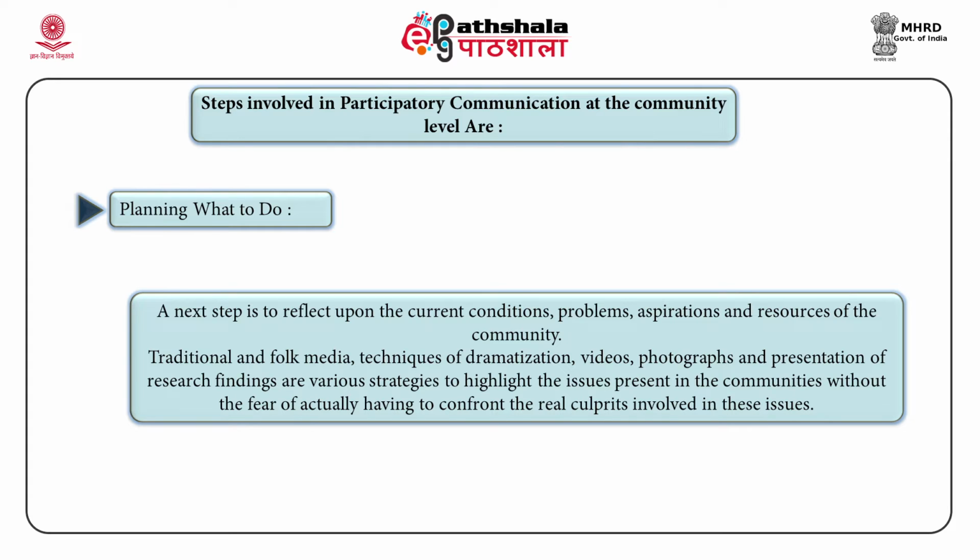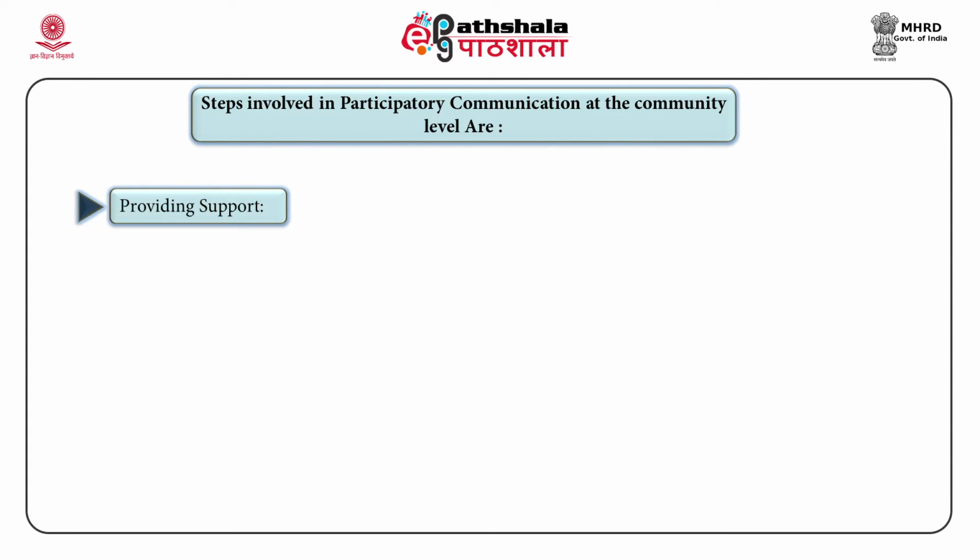Every community will have certain culprits. They are only the cause of those issues in that community. This is the time when these culprits can be identified, and also people can reflect upon how they can be traced.